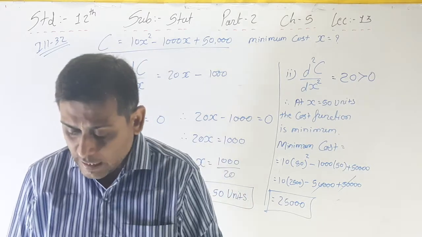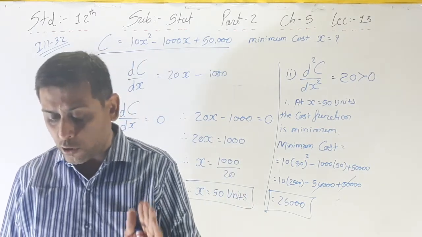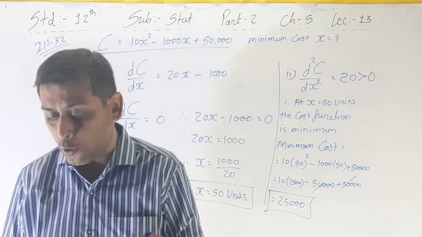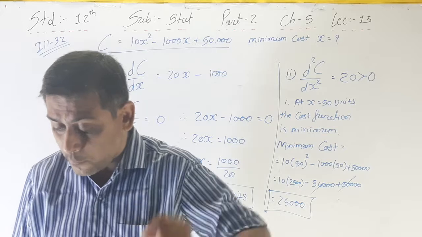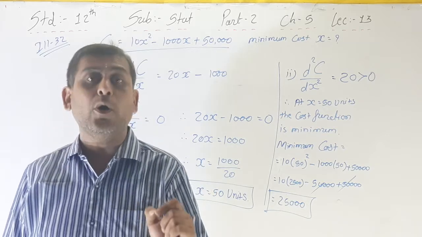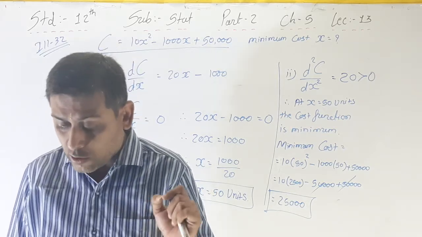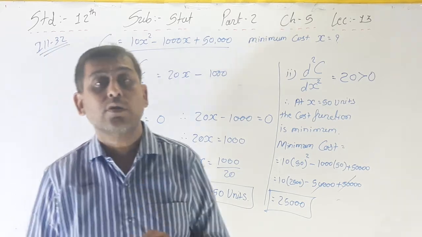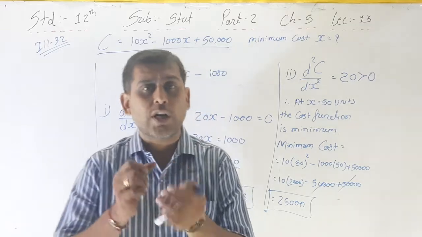Now, the daily total production cost is C = 2,50,000 + 0.008x + 20 crore upon x. How many units should be produced for minimum production cost? See, here is the twisted question.